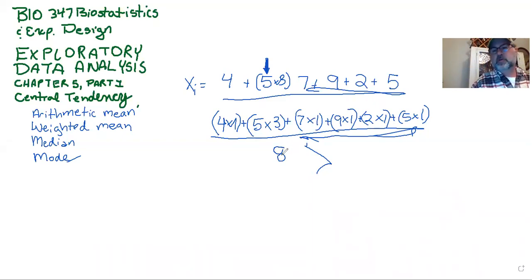So this may seem weird, but actually the regular arithmetic mean is doing the same thing. Every observation is 4 times 1 plus 5 times 1, and when you add these up, it's going to be the same number as n. So the weighted mean is just accounting for the weights.